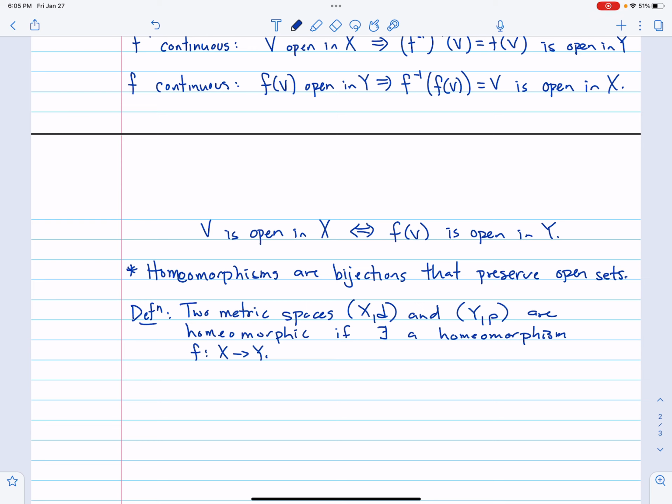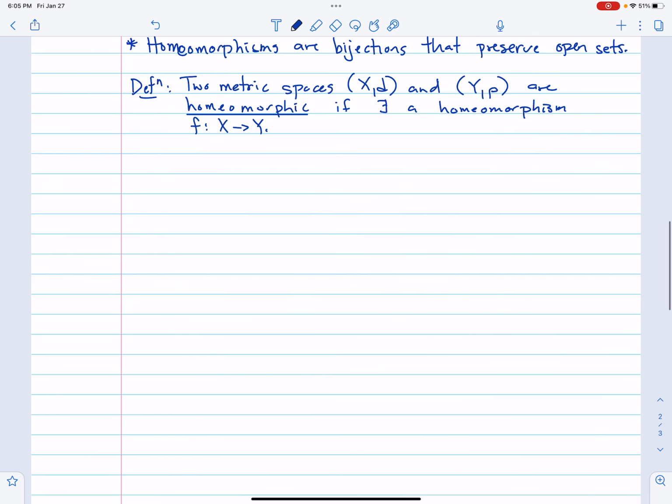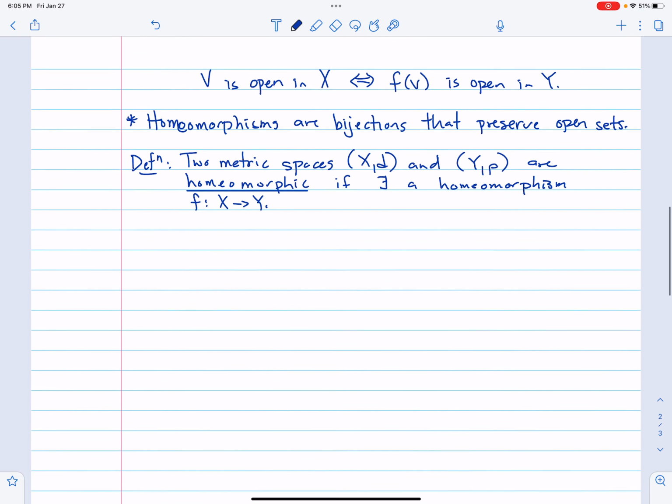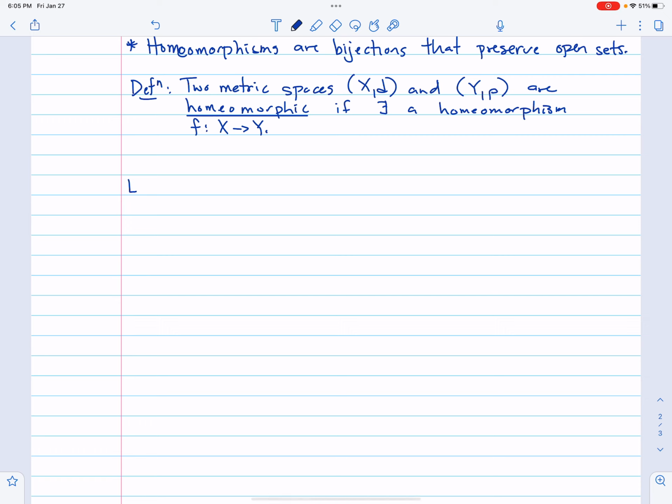All right. So let's go ahead and see a few examples of homeomorphisms. Okay. So here's example number one.